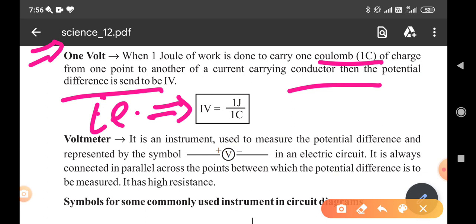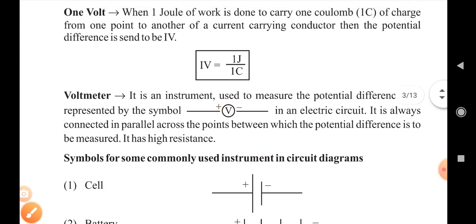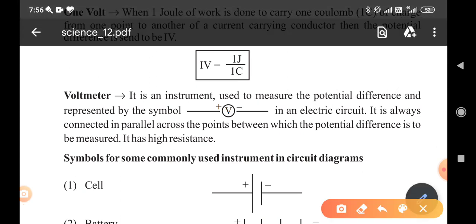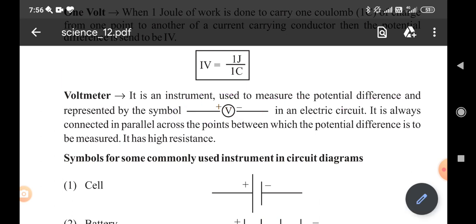Voltage or potential difference can be measured by an instrument known as a voltmeter. A voltmeter is an instrument used to measure the potential difference and is represented by a symbol V with 2 terminals, positive and negative, in an electric circuit.